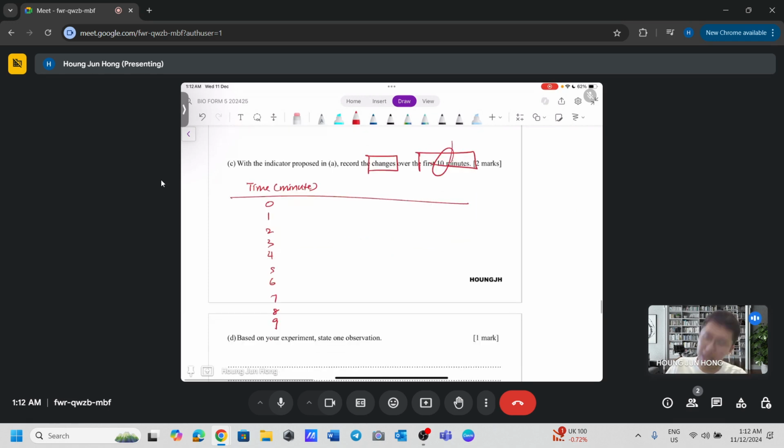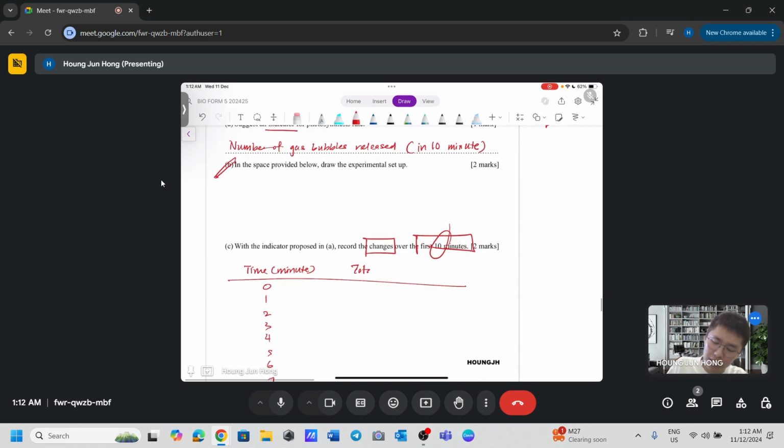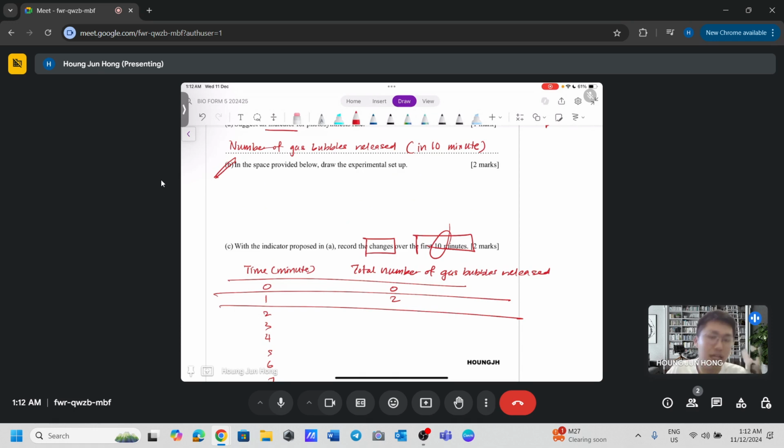Technically yes, so you'll have 10 minutes, and for every minute you calculate the total number of gas bubbles released. It starts at 0. Then in the first minute there are 2, in the second minute 2 more, so 4, then 5, 6, 7, so 7. You just keep on going up. This is the idea.